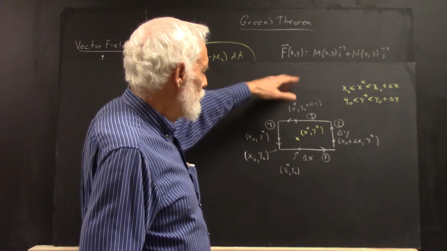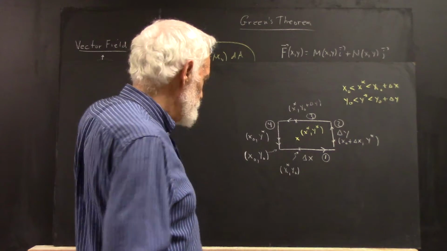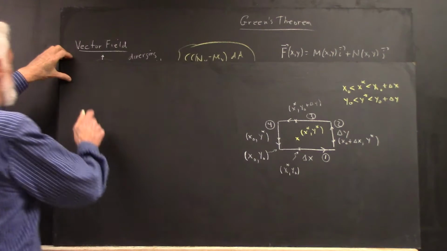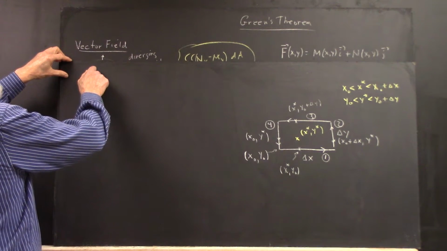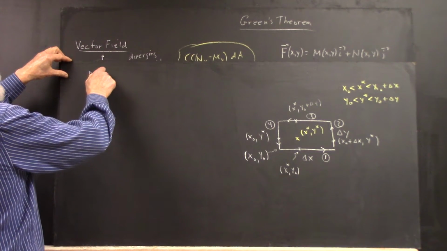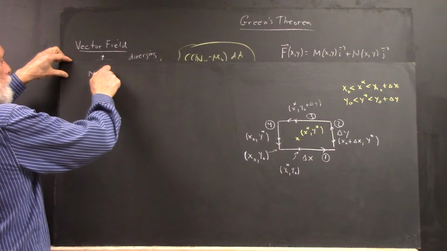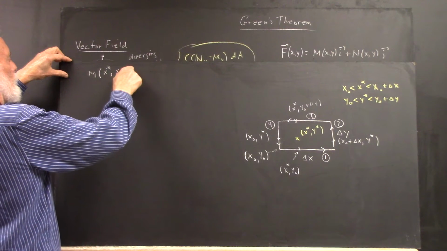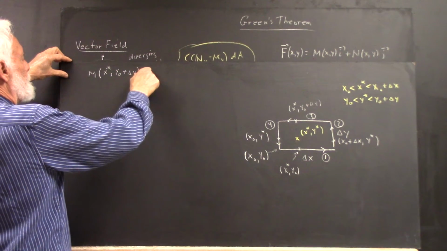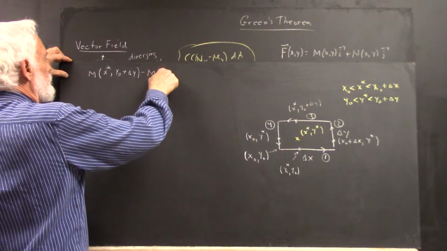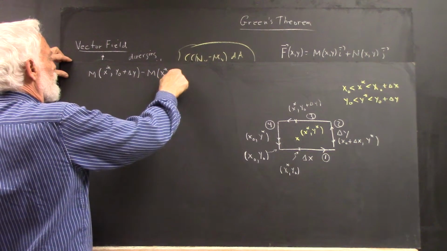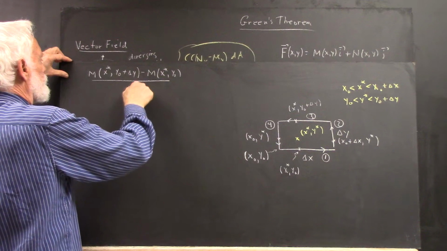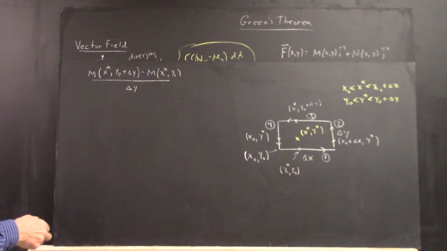Okay, anyhow, with that background, I want to look at, first of all, just the expression m of x star, y naught plus delta y, minus m of x star, y naught, over delta y.